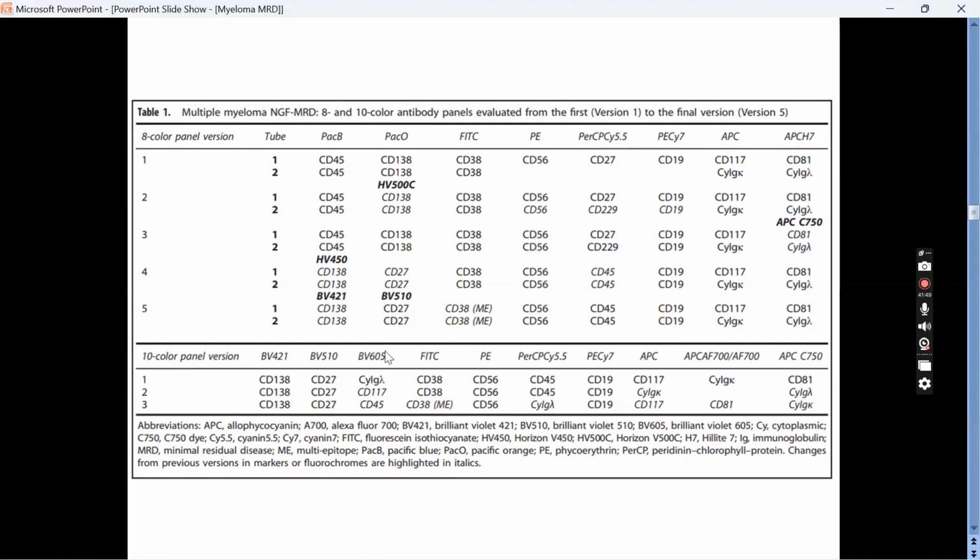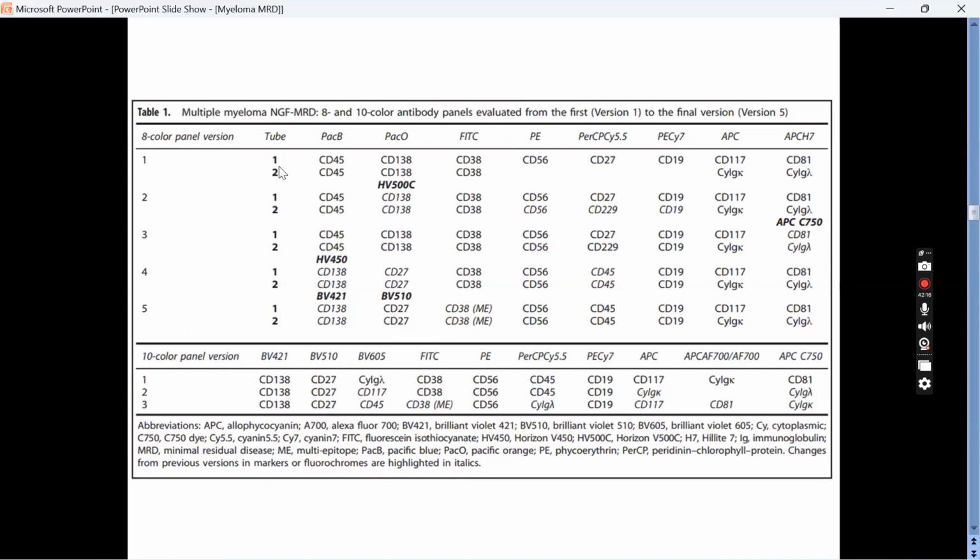So it's always better to do myeloma MRD with NGF, where you're acquiring 5 million or 10 million events, by using a single tube and a 10-color or 13-color panel. That is better, because if you are doing 8-color and using 2 tubes, obviously the volume of cells will be divided between the 2 tubes, and that may result in not reaching the desired high event count.